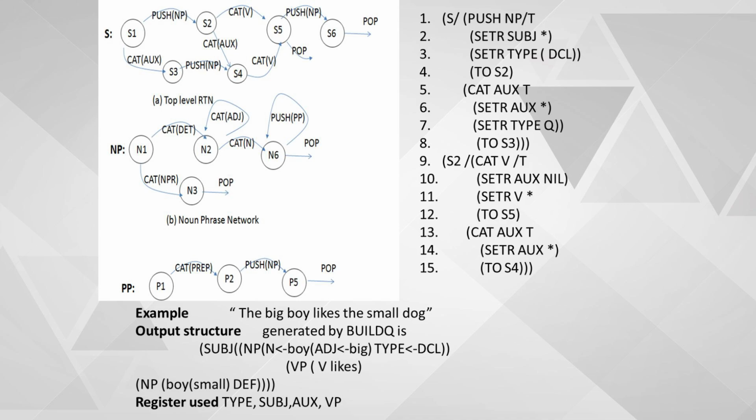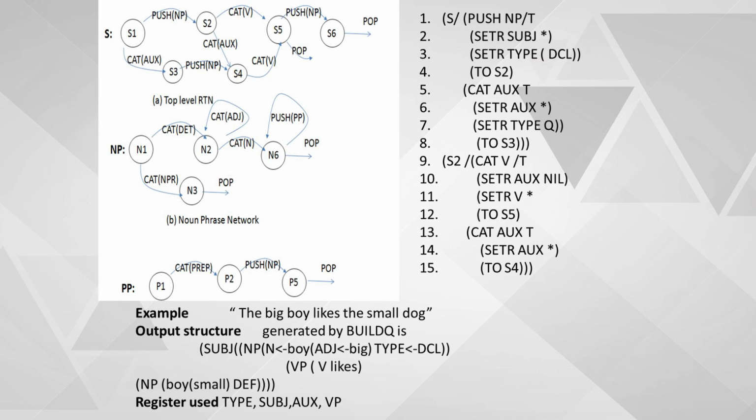So, if the sentence follows S push NP, then the register subject will be set to the input value and the register type will be set to declarative, and then the system will move to the next node, which is S2.